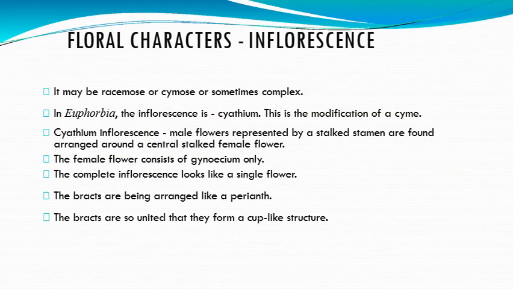Now we'll discuss the floral character of inflorescence. This family possesses both racemose and cymose types of inflorescence, but in some species it also possesses a complex or special type of inflorescence.